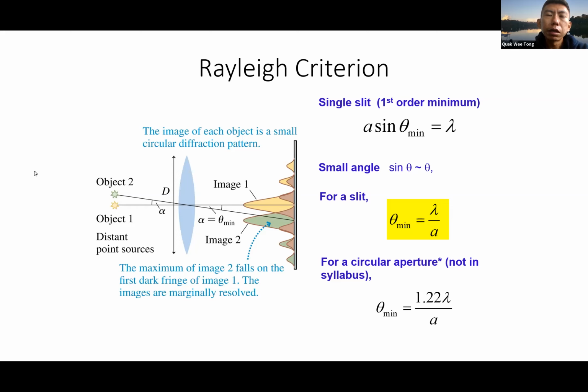If the angular separation of the two sources is equal to the first order minima, which is like the separation here, then the angle on the other side is also the same.